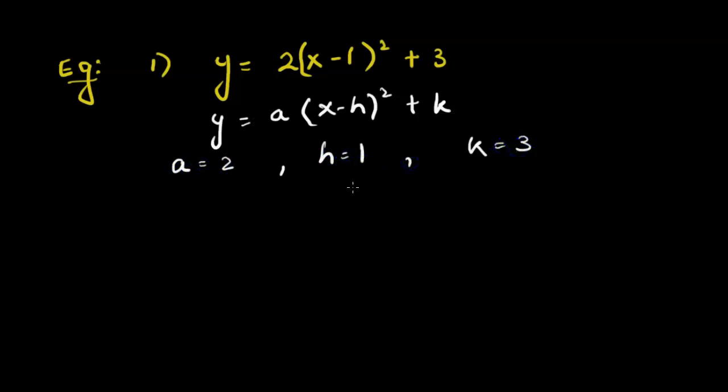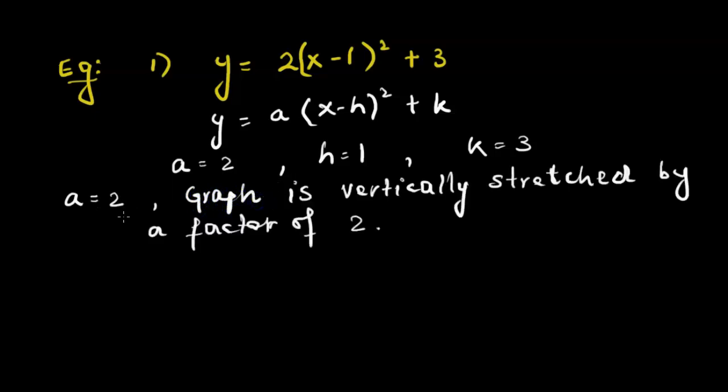Now since we have to describe these transformations, we write down a = 2 here. Because the a value is greater than 1, the graph is going to be vertically stretched by a factor of 2. And a is not negative, so there is no reflection.